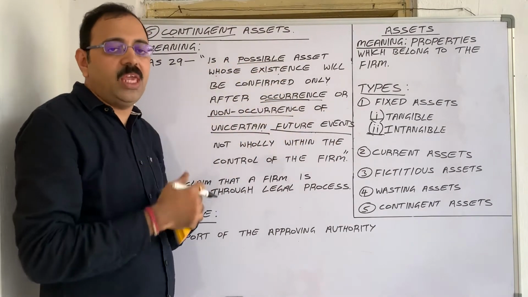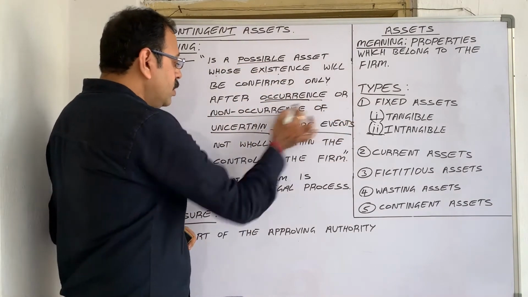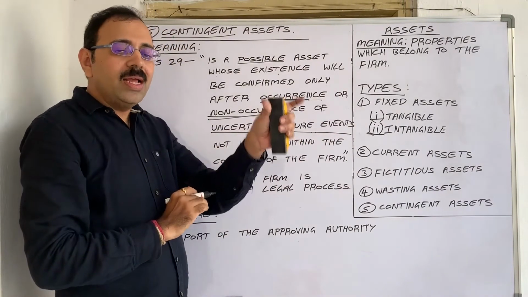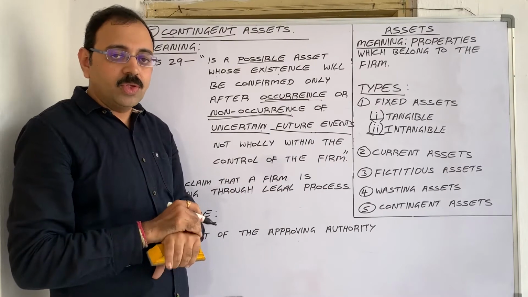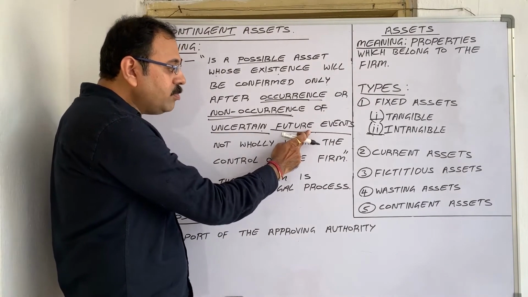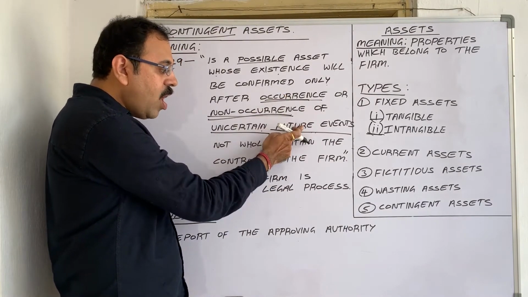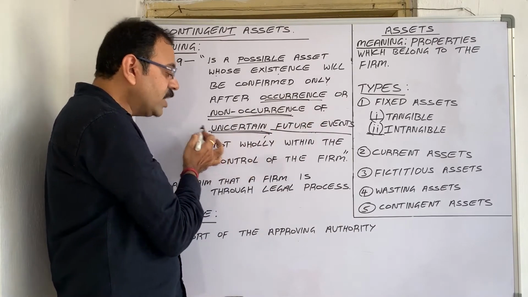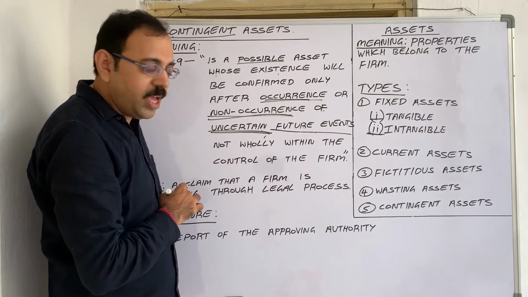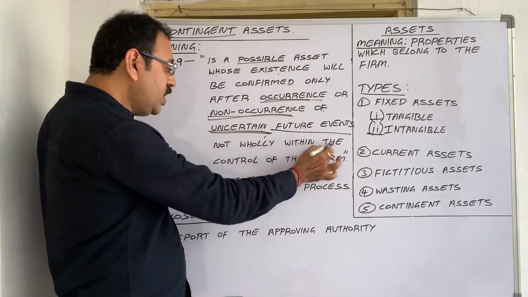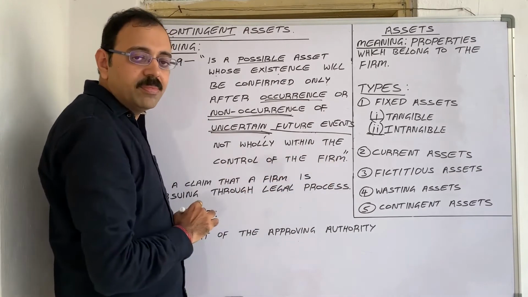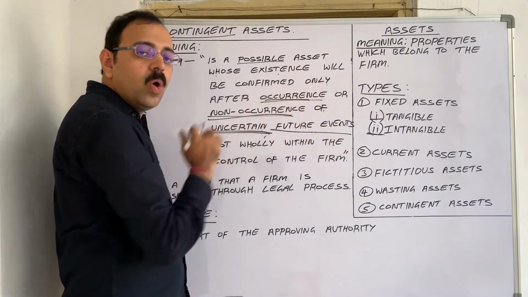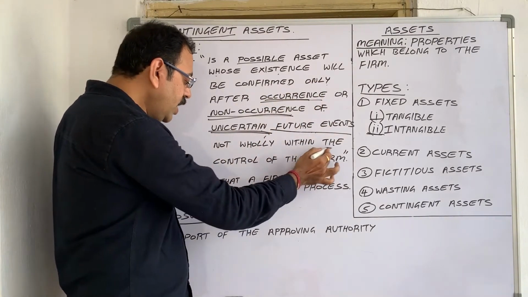So the judgment is uncertain, and the occurrence of this judgment means what? Judgment in favor of me. And non-occurrence of that judgment means what? Judgment against me. So whether the judgment comes in favor of me or against me, there is some uncertainty. Clear? It is not wholly within the control of the firm, and there is a future event: the judgment given by the court is not in our control.